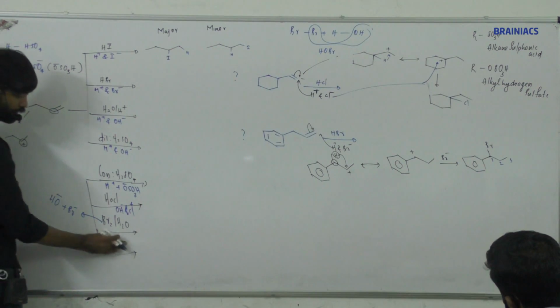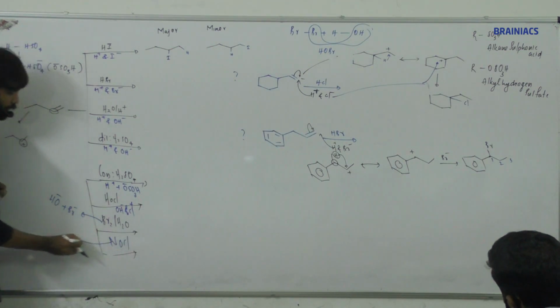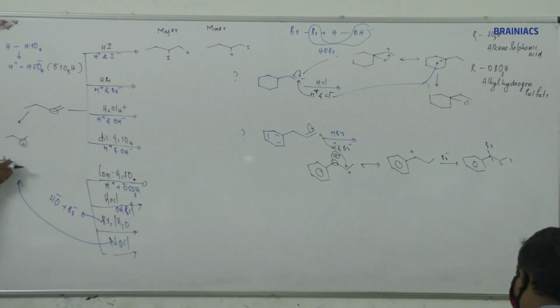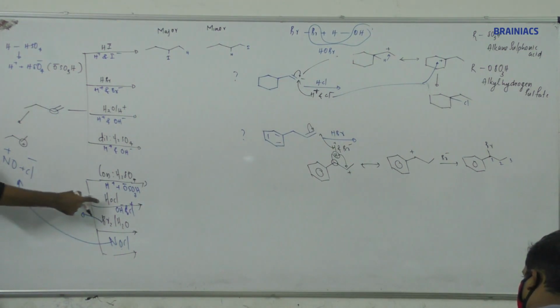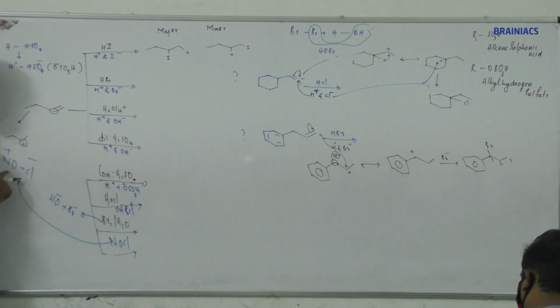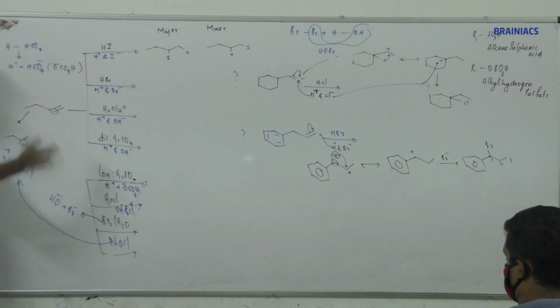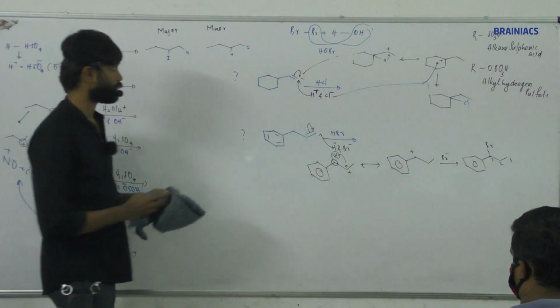The last one is nitrosyl chloride, where NO is the plus and Cl is the minus. There is a difference. This is OH minus, Cl plus, but this is NO plus, Cl minus. You should know which one is the electrophile and nucleophile, then only you can design the product. Now you know everything, so show the products.